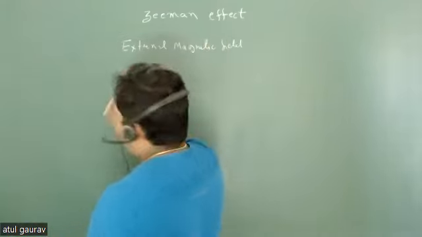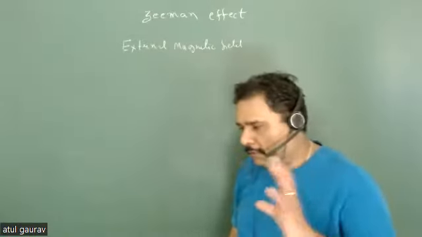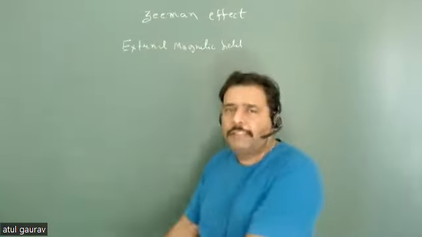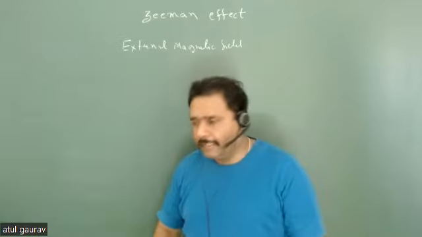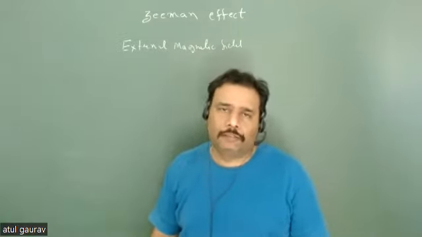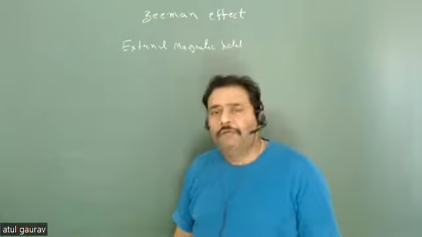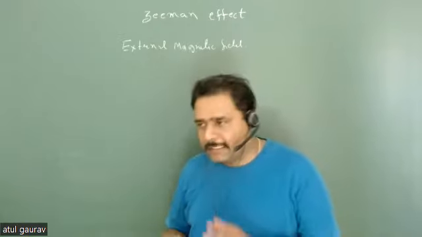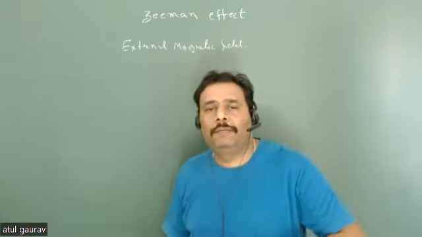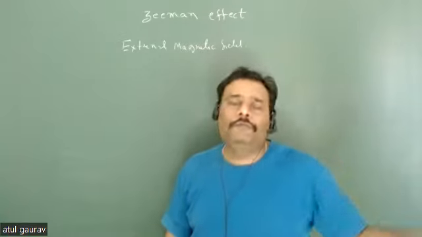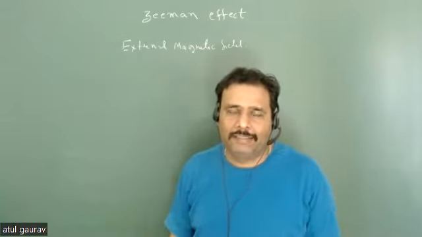If we put our hydrogen atom into an external magnetic field, there is further splitting, and that splitting can be understood by the Zeeman effect. You will be surprised that the experiment of the Zeeman effect was done early, before quantum mechanics.